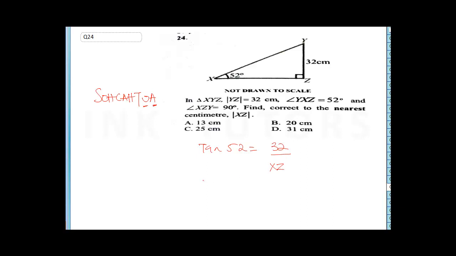So when you cross multiply, XZ tan 52 is equal to 32. Therefore, XZ is equal to 32 over tan 52.